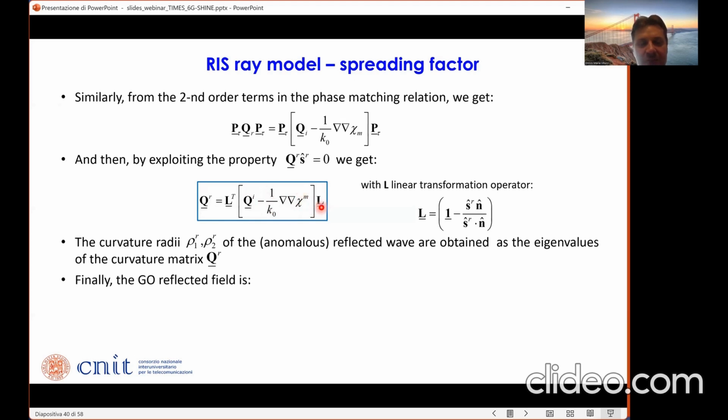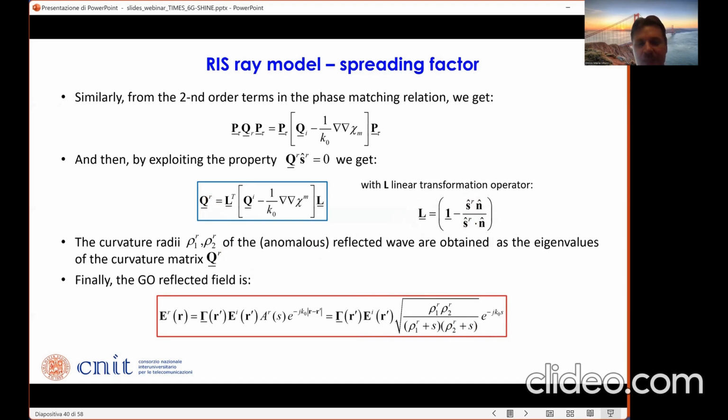And this expression is multiplied at both sides by this linear transformation operator L. The expression is given here. It's related again to the radiation direction of the reflected wave SR. Once we have this QR matrix, in practice, it is straightforward to compute the spreading factor of the reflected wave according to geometrical optics.